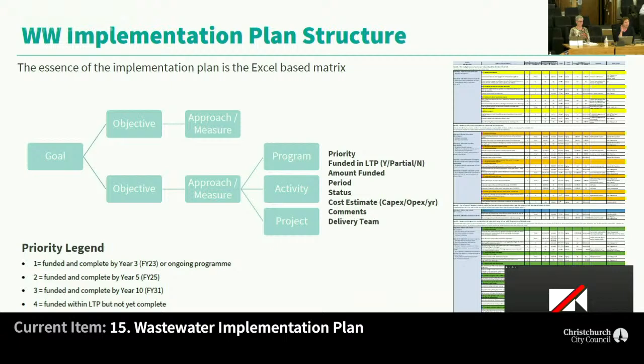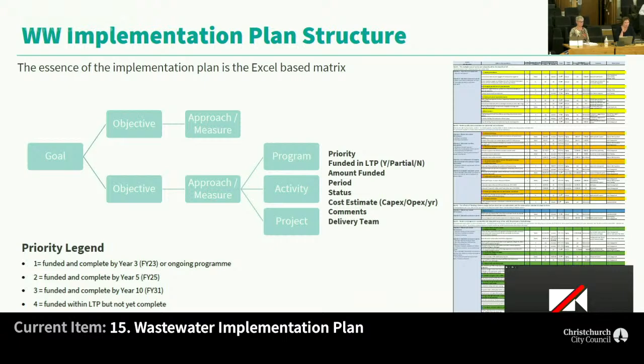But the spreadsheet is linking goals, objectives, and approaches to our actual programs, projects, and activities. That's been an output of the LTP. So it's a bit of a complex hierarchy, and there's many ways that you could hash it, but we've linked it at this stage through the spreadsheet.